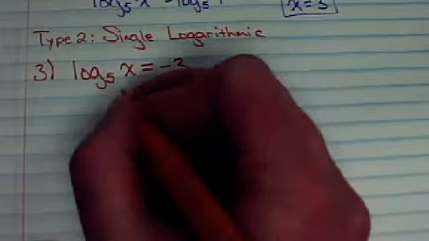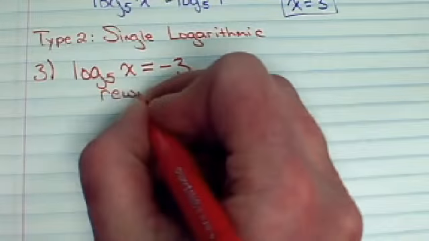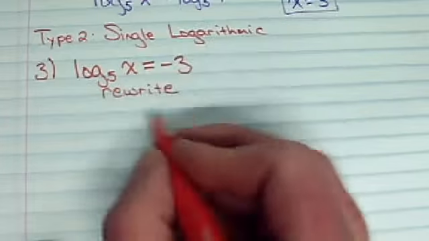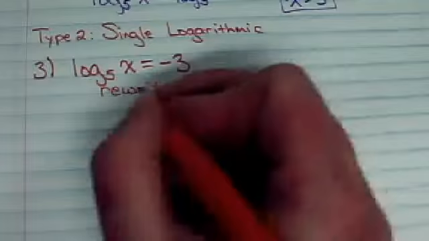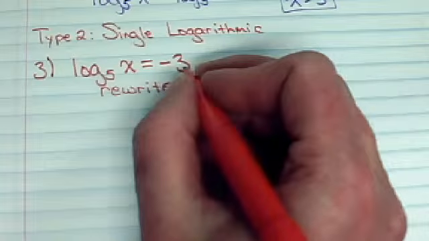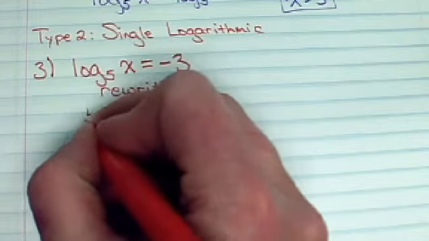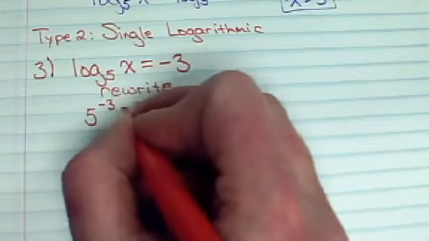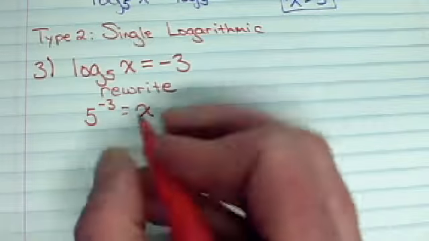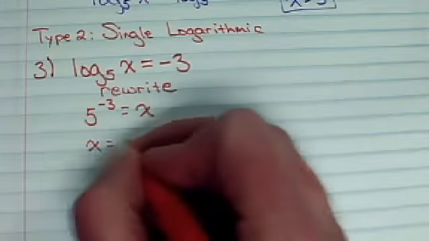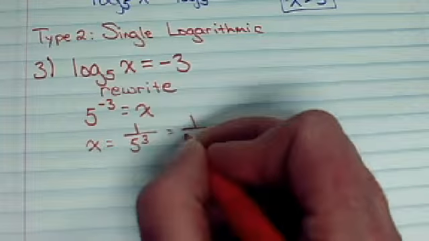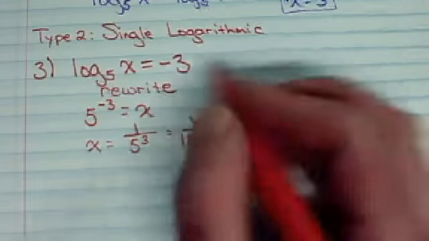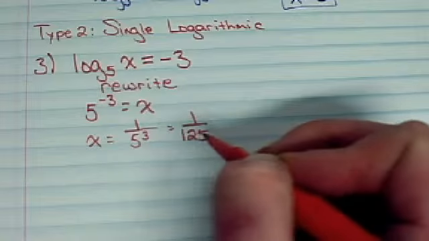Well, we can rewrite that. Remember, the base of a logarithm becomes the base for an exponential, and the answer to a logarithm is the exponent. So that's 5 to the negative 3 equals x. That's x equals 1 over 5 cubed, or 1 over 125. Is that greater than 0? It is. We're good.